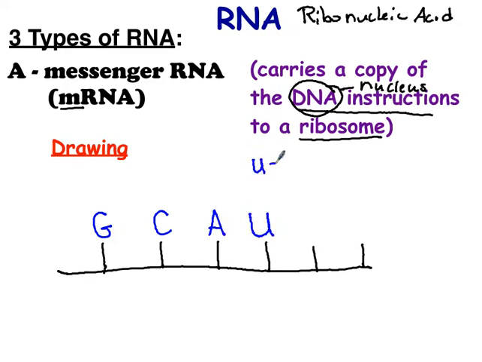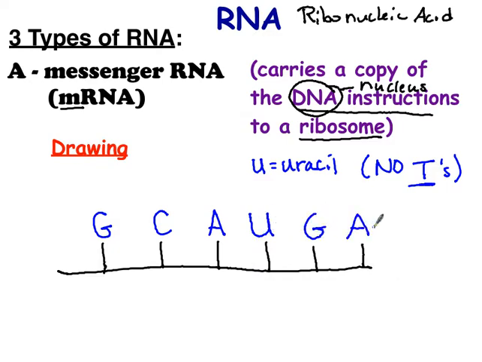Okay. U equals uracil. There is no thymine, no T's in RNA, in any of the three types of RNA. There are no T's ever. T is going to be substituted with U instead.